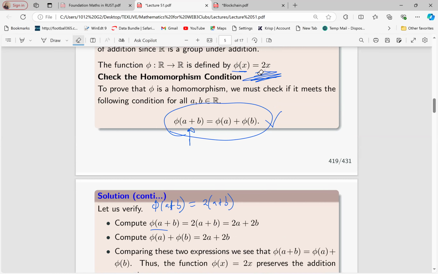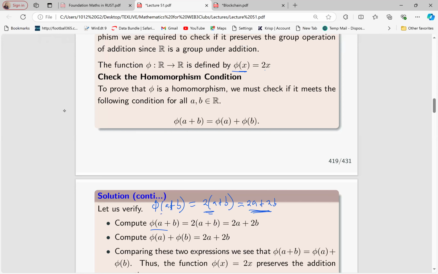So A plus B, by that definition, will be mapped to 2 times A plus B. But you can open this bracket and discover that it's the same as 2A plus 2B. So the left-hand side has given us this.